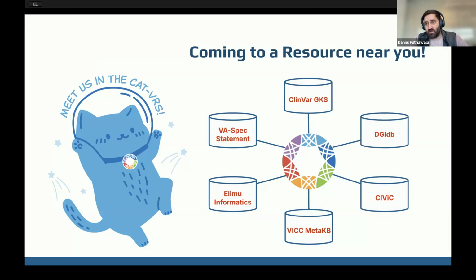And there are also some other implementations, such as the Alimo Informatics implementation, which is using it for therapeutic indication matching and clinical trial inclusion criteria matching. And you'll be hearing from our colleagues at Epic Systems, who are using it in their data models as well, in a couple of minutes.